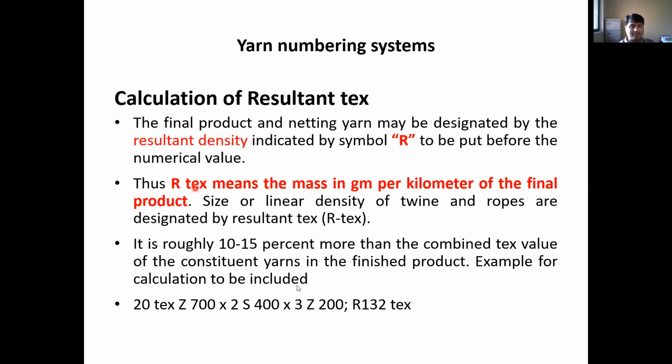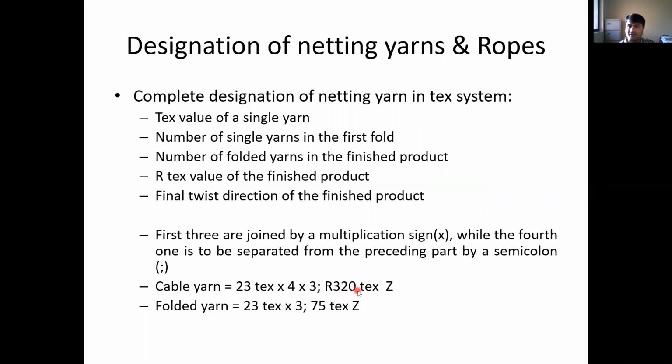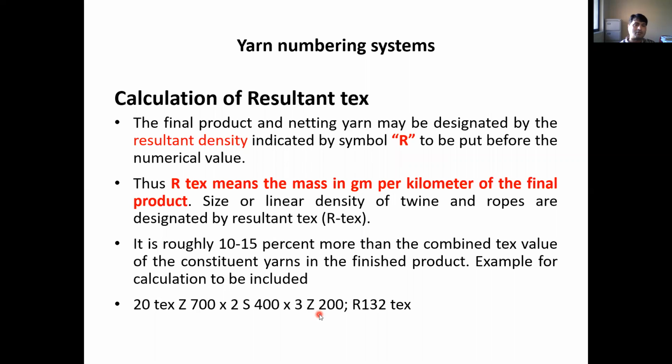That means ये जो हमारा पिछला वाला जो है R320 tex, numerical value से पहले हमें resultant tex capital R को लगा देना है. Thus this R tex means the mass in gram per kilometer of the final product. So R tex matlab that mass in gram per kilometer of the final product.